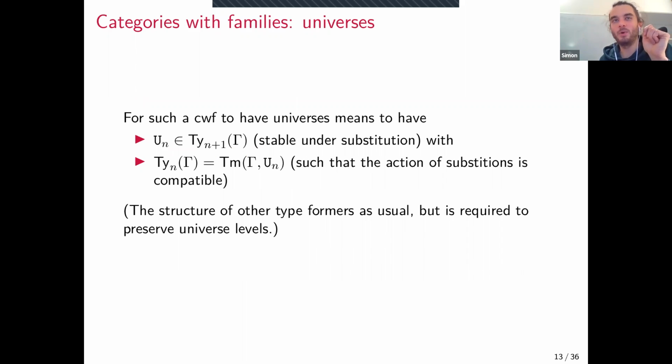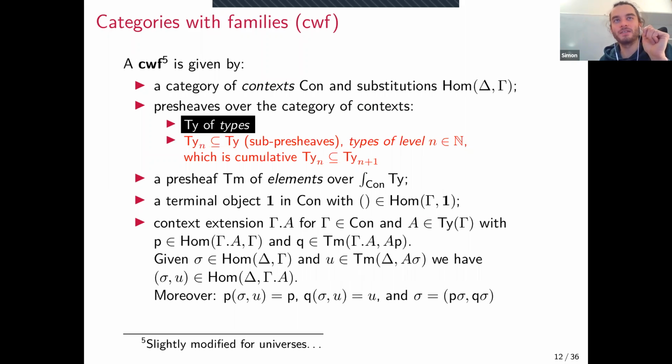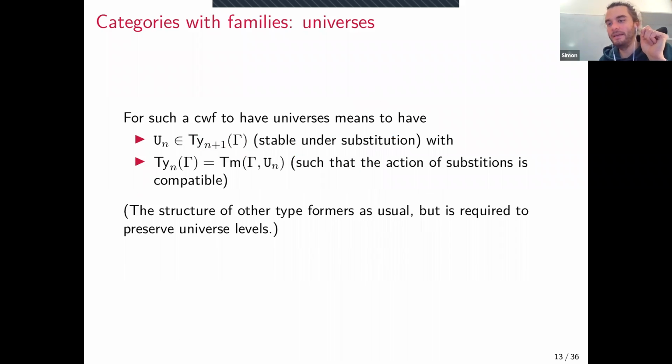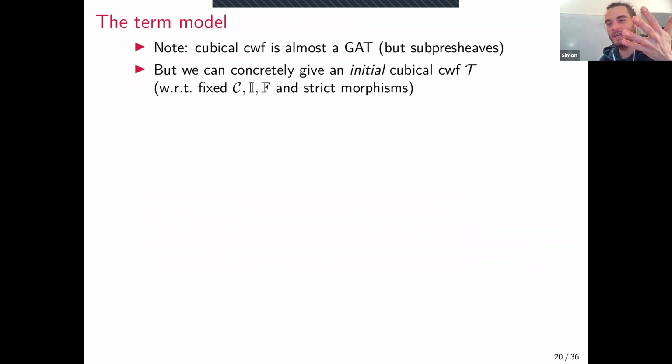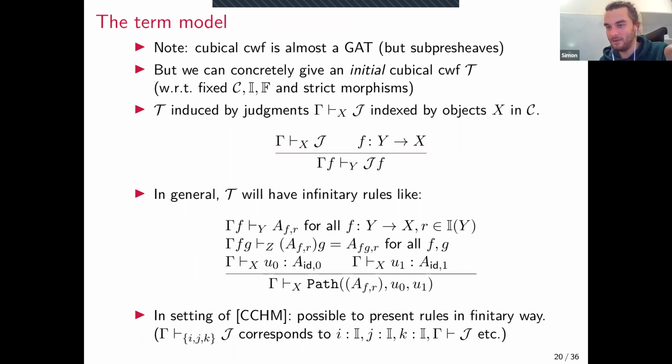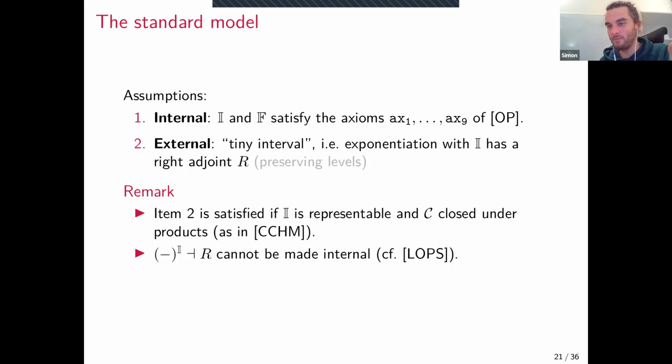But we also want something to talk about these gadgets here. For example, in the standard model, I somehow have to say what the types are, so I have to write this down. And for this, I want to use U omega. I could also maybe define it externally, but this would be very cumbersome to write down.